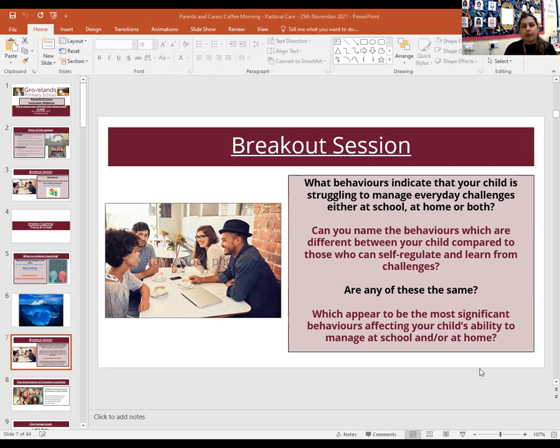And we usually find that when we develop that relationship with both home and school, those behaviours do improve because we have that shared understanding as well.